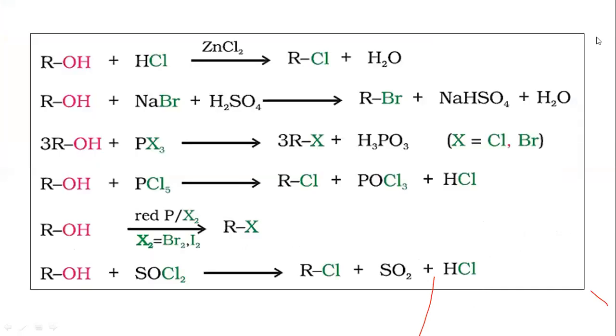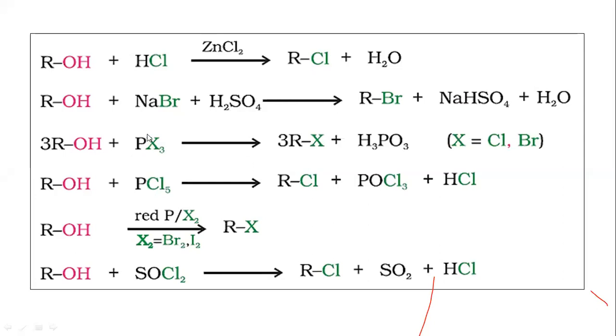See, in this slide, I have shown all these previous reactions at a glance. First reaction is with Lucas reagent, HCl and ZnCl2. The second one is the preparation of bromides, NaBr plus H2SO4, where HBr is prepared in situ.